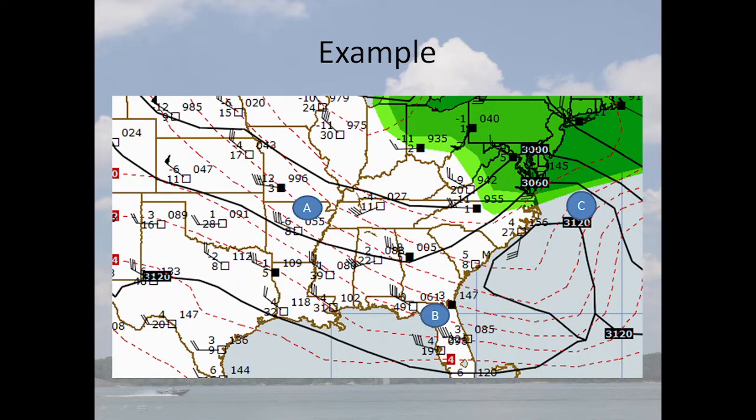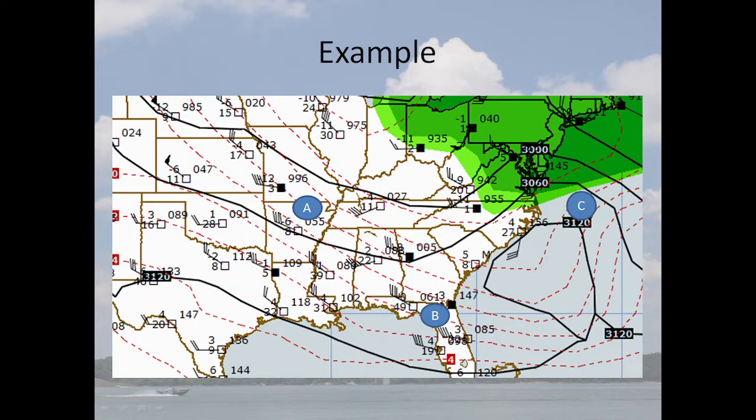An example of that is A, B, and C. If you look at A and B, even though we have a 40, 45 knot wind, B is pretty spread out. That's a loose gradient, so you have pretty much no thermal advection. At A, you have really no thermal advection because you're still parallel with the isobars, even though you have a tighter pressure gradient.